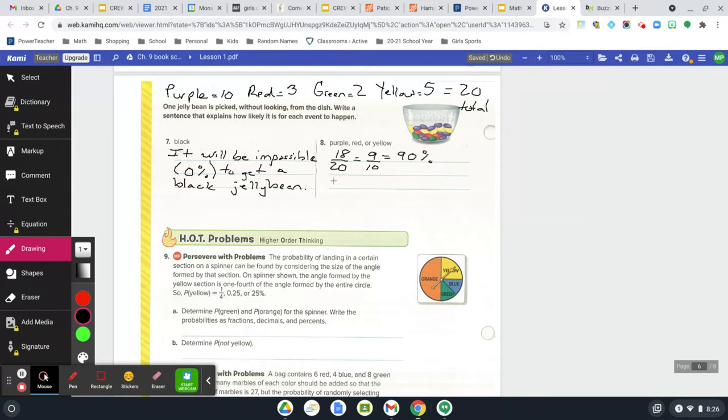And so you can say here, thinking about that number line, it will be likely, right? Because we're really close to 100% certain. We're at 90%. It will be likely to get purple, red, or yellow.